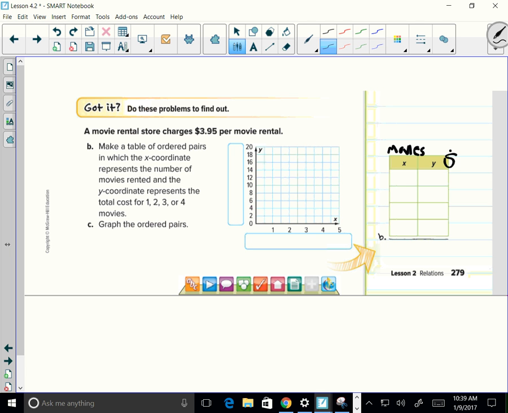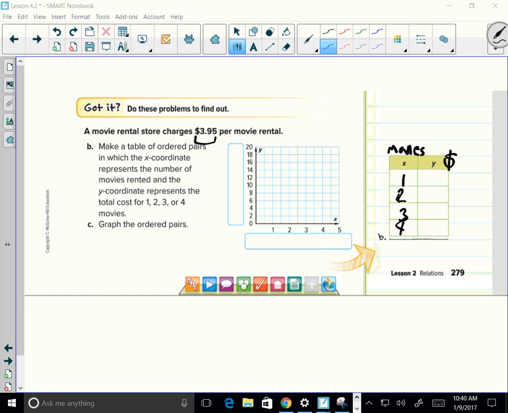So I need to figure out 1, 2, 3, or 4 movies. And each rental costs $3.95.